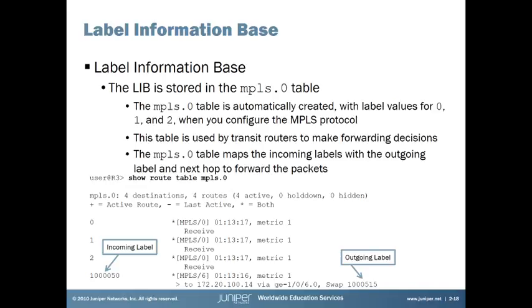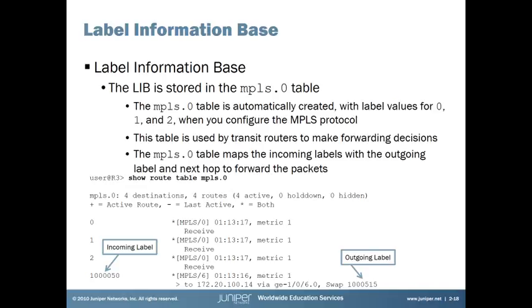It will swap that label for a new label of 10000515 and forward the packet out of interface GE1006.0. It knows to do that because of the information in the mpls.0 table. That is its label forwarding lookup table, mpls.0.